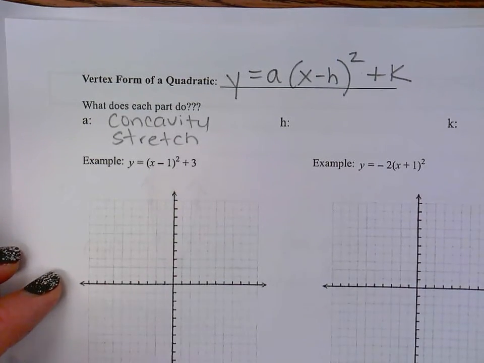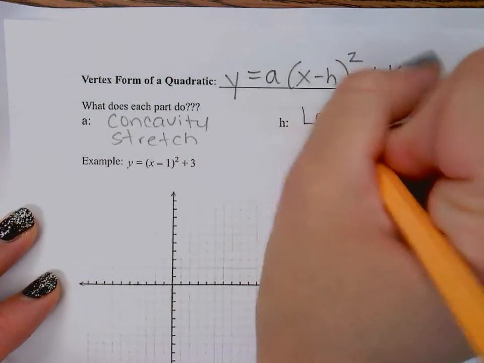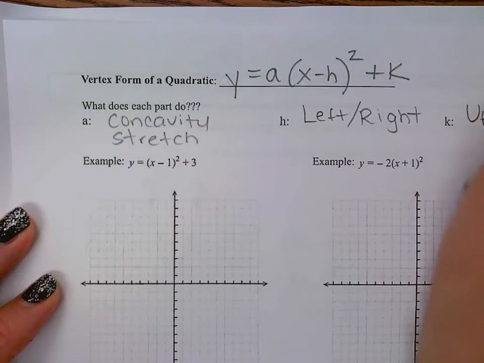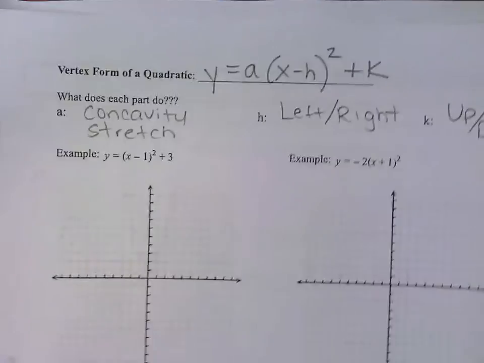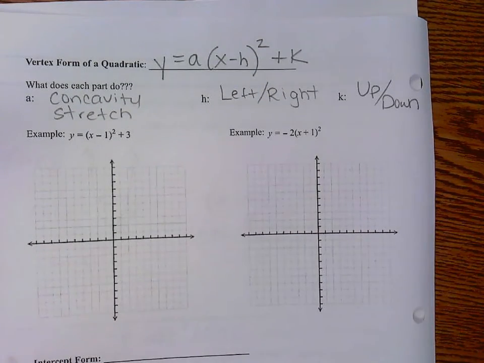So A is A. H and K have different roles. H is your left and right, because that's a transformation rule. K is your up or down, because that's also that transformation rule that we learned for our quiz. So this part you should actually already be able to do because you already took a quiz on transformation rules. So what would our first example do? Where do I go?